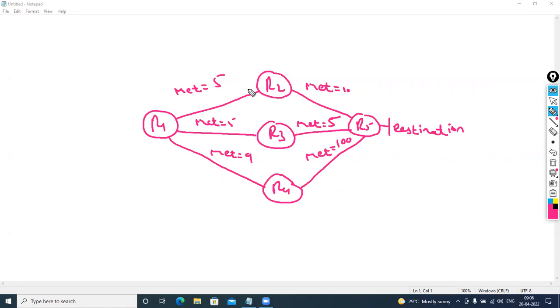And delay is the total delay to reach your destination. Let us consider the delay as 5 here. It will take the total delay into consideration. So delay is like TTL, hop to hop? Yes. Okay.